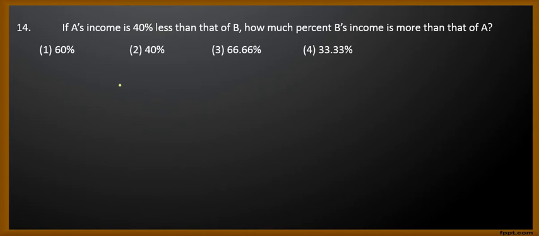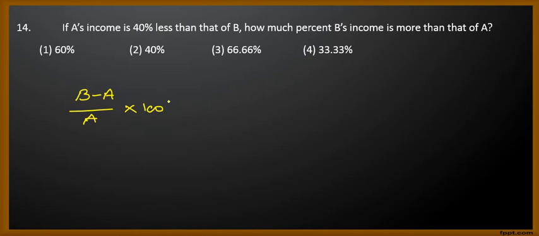See here, what is given in this question. If A's income is 40% less than that of B, how much percent is B's income more than that of A? What we have to find is B minus A by A into 100.